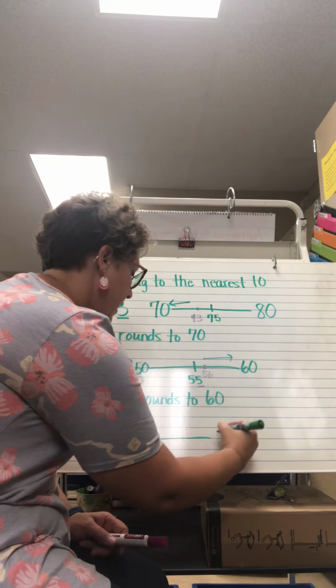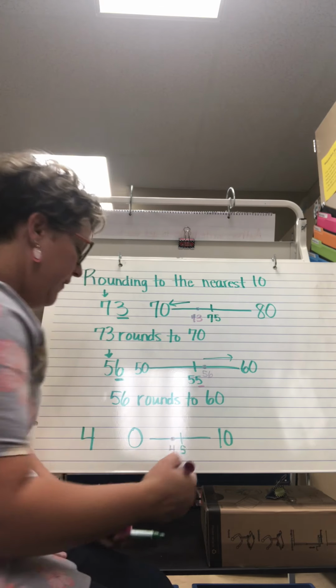So I have to decide, is 4 going to round down to 0, or is it strong enough to round up to 10? Well, I'm going to put my 5 in the middle because I know that 5 comes between 0 and 10, and then I'm going to label my 4 right next to the 5.